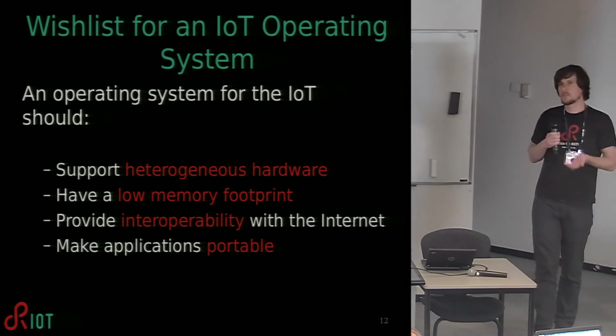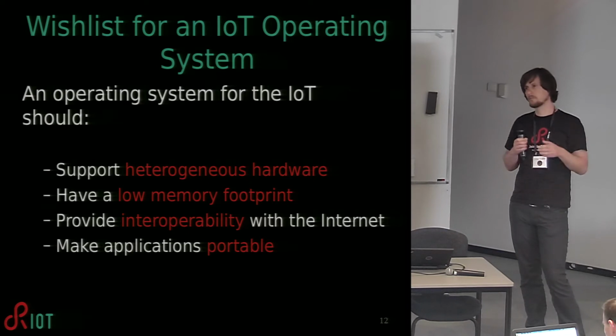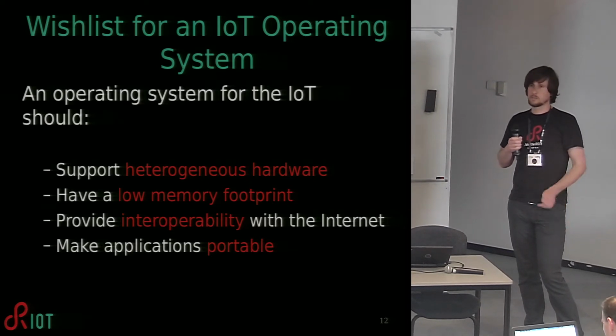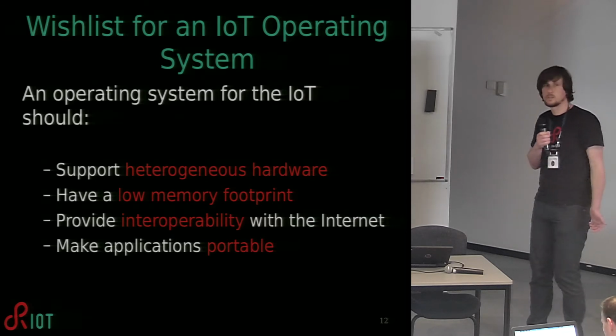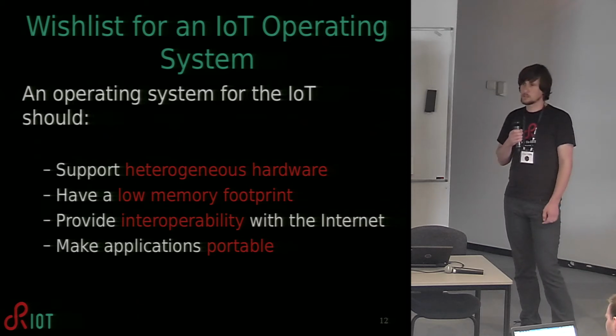So as we've seen, there are a lot of different devices with different microcontrollers, a wide range of hardware resources, different memory constraints, and different radio technologies. So an operating system for the IoT definitely needs to support a wide range of hardware architectures.